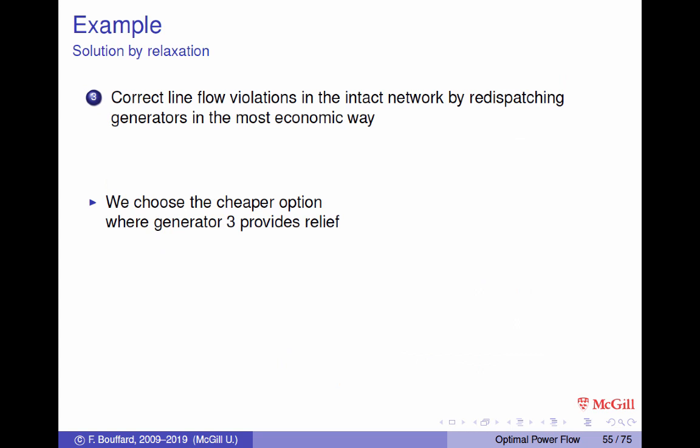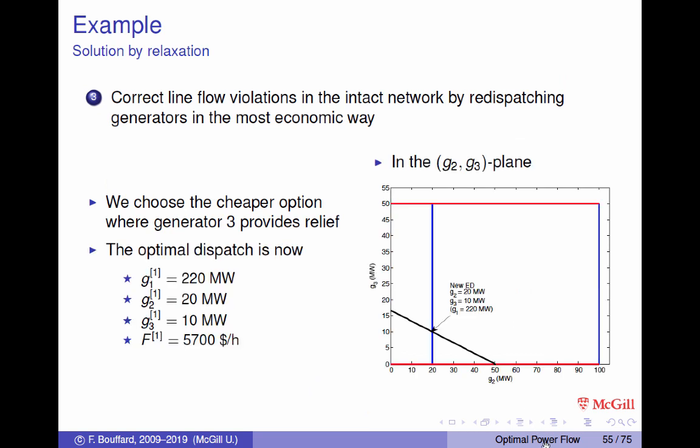So we'll go with the cheapest option. Now we have this new constraint which has eliminated this lonely point there, and the optimizer tells us that this is the new operating point. And our cost in the process has gone up by $300 per hour.